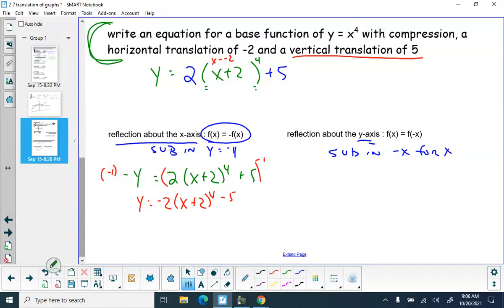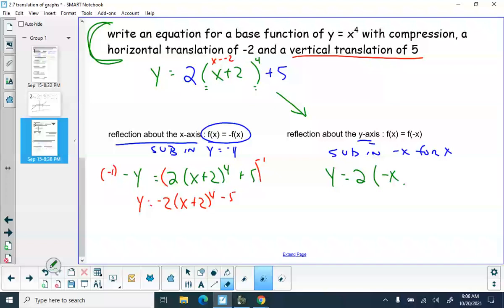If we take a look at reflecting about the y-axis, we sub negative x in for x. We substitute our negative x in for x.